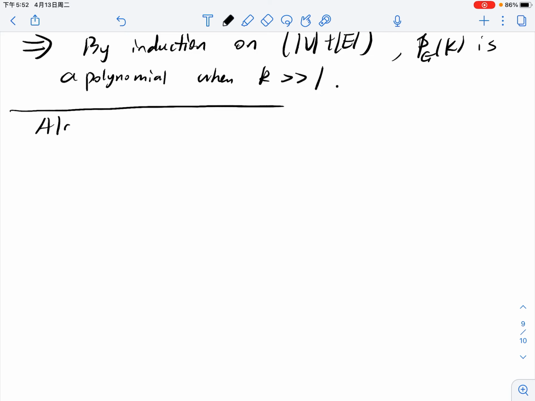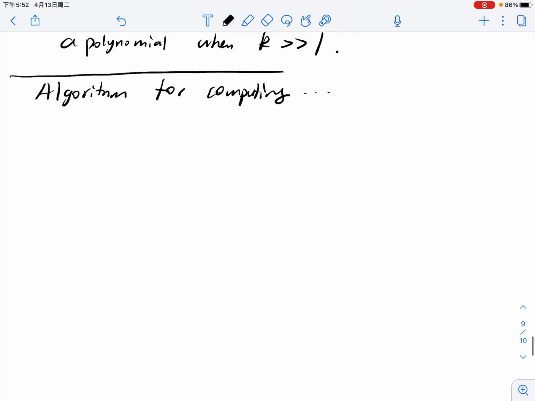And here we can also describe an algorithm for computing the chromatic polynomials of a graph. So we first introduce several notations.